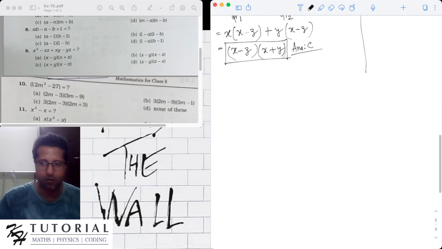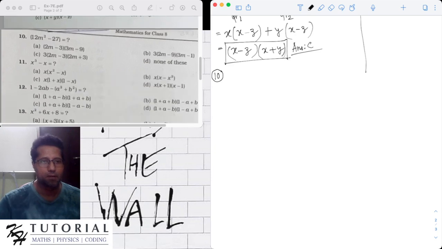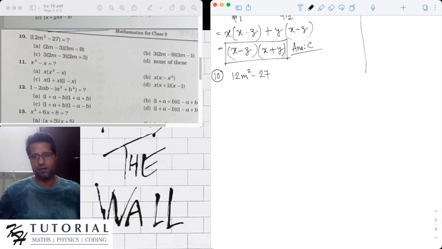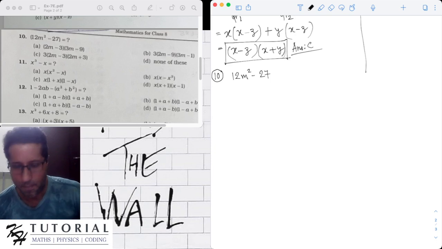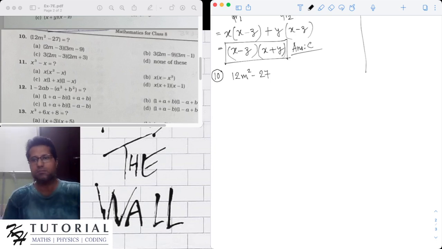Okay, let's do problem number 10. The polynomial given is 12m square minus 27. Now clearly we can see that it is of the form a difference of two terms, but both the terms are not perfect squares of something. 27 is not a perfect square. 12m square, even though we have m square, but 12 is not a perfect square.